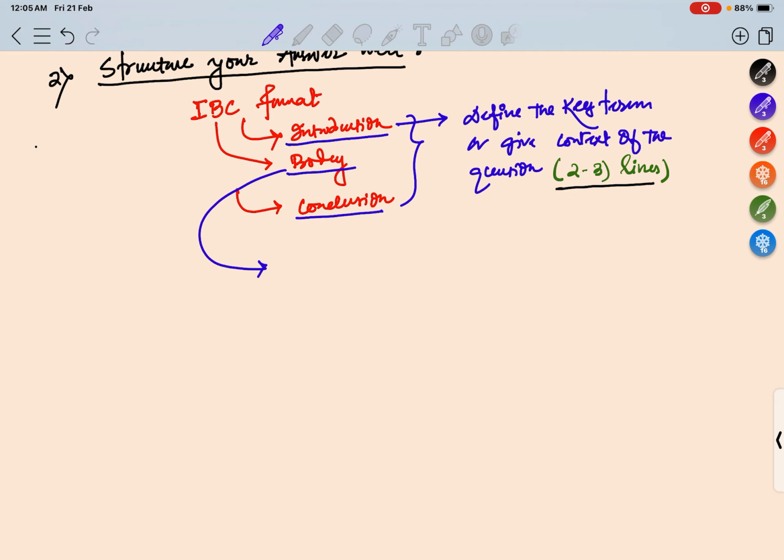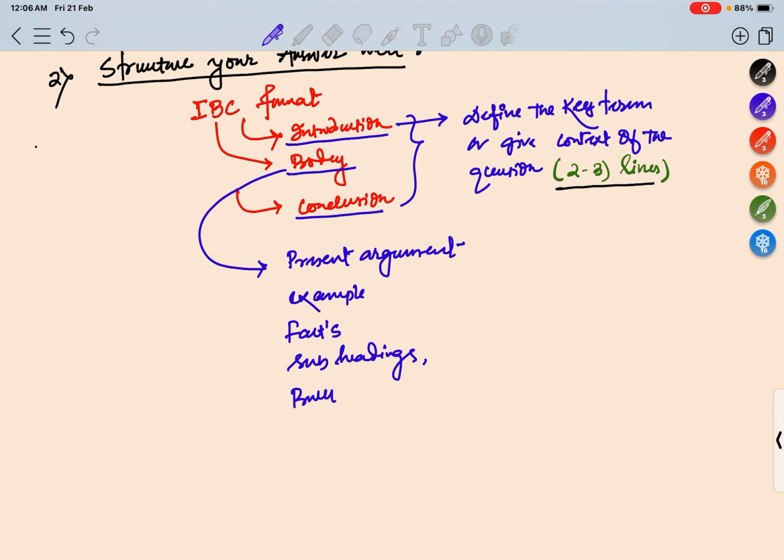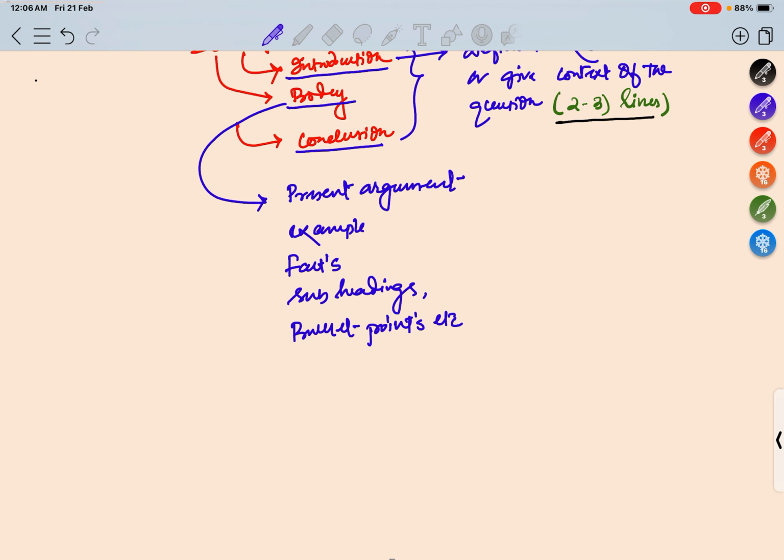Now the body, what should a good body of an answer have? In the body section, you will present arguments, you will give examples, facts, subheadings, bullet points, etc. So the body section should contain the demand of the question, meaning what they are asking you should be provided in the body section.